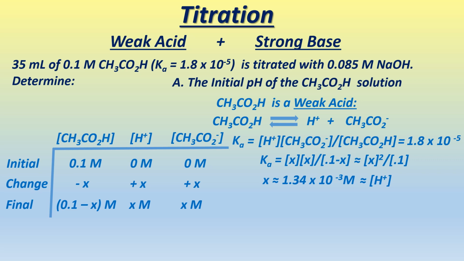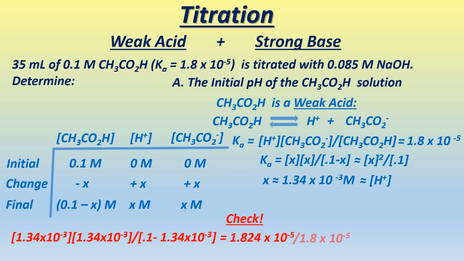One cannot just make assumptions without checking them. In order to determine if this assumption was correct, one replaces the value obtained into the original equation. As you can see, this gives a slightly different answer of 1.82 as opposed to 1.8.